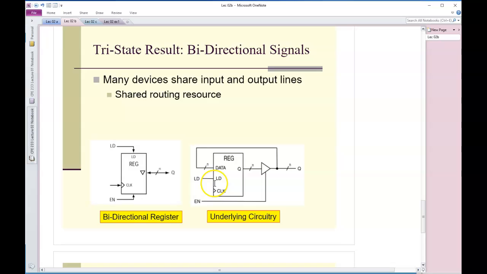Typically you're never going to load the data from the register back into the register. It makes no sense. You could do that, but it's just not done. When I'm accepting data from the outside world, it's going to come in through this line. I'm going to turn the tri-state off, come in through this line, and get loaded in via the clock signal and the load signal. And that's all I can think of on that.